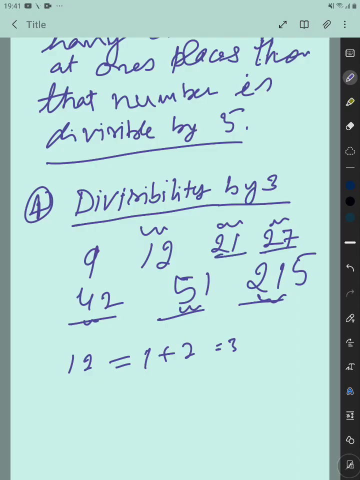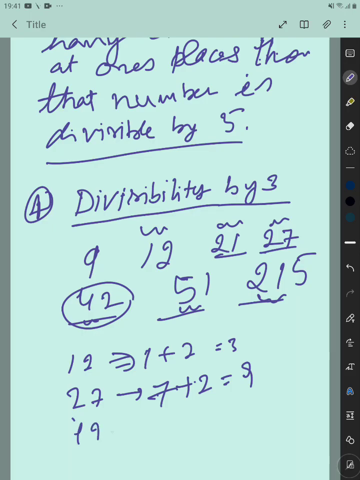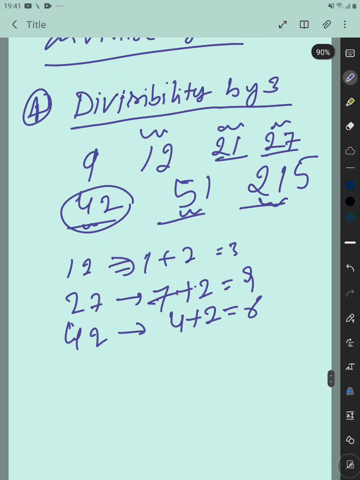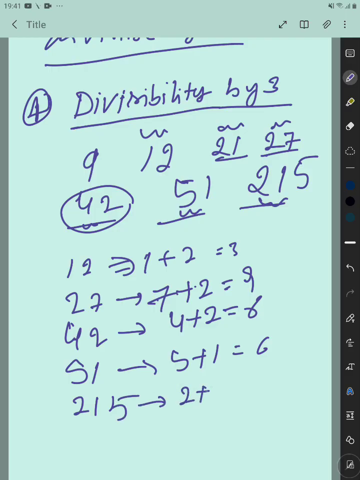Similarly for 27 we add 2 plus 7, or 7 plus 2, whatever, we get 9. Take 42, and we get 6. Take 51, so 5 plus 1 is 6, and 215, 2 plus 1 plus 5.